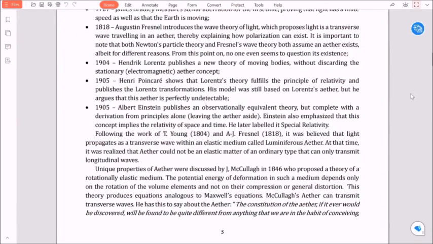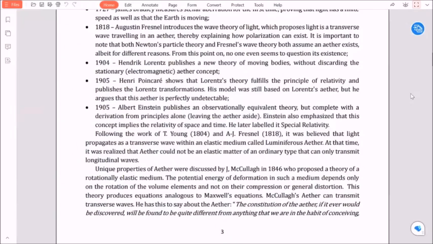His model was still based on Lorentz ether, but he argues that this ether is perfectly undetectable. 1905, Albert Einstein publishes an observationally equivalent theory, but complete with a derivation from principles alone, leaving the ether aside. Einstein also emphasized that this concept implies the relativity of space and time. He later labeled it special relativity.